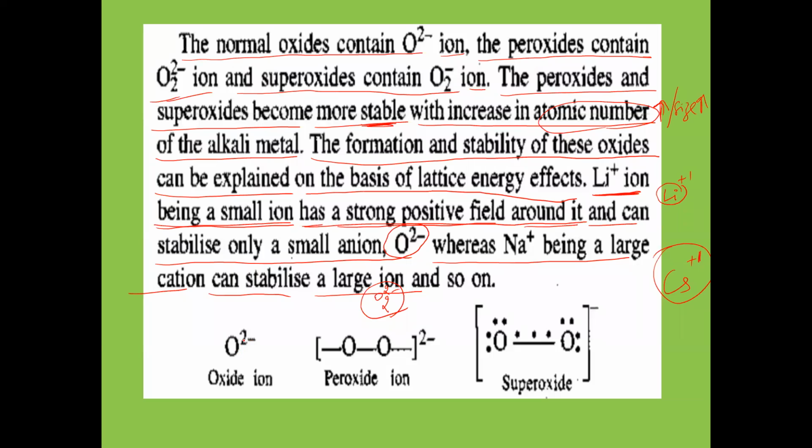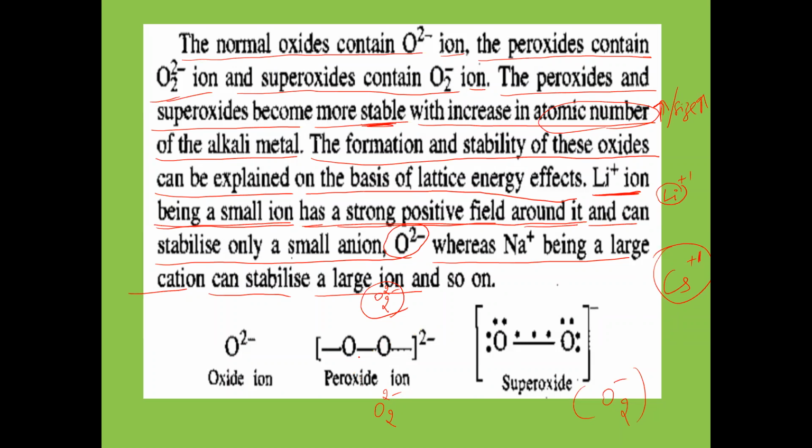Read O minus 2. Charge you read first. In superoxide, how to read? O2 minus. Here O minus 2 is oxide ion, and peroxide is O2 minus 2. Two oxygens will have minus 2 charge.